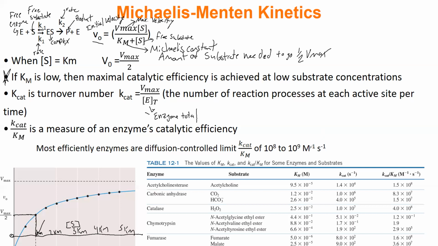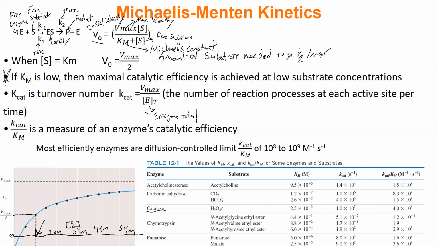Here, big numbers mean more efficient enzymes, right? And this table is really just a list of some very efficient enzymes and maybe not so efficient enzymes. So one of the most efficient enzymes we have in our body is called catalase.